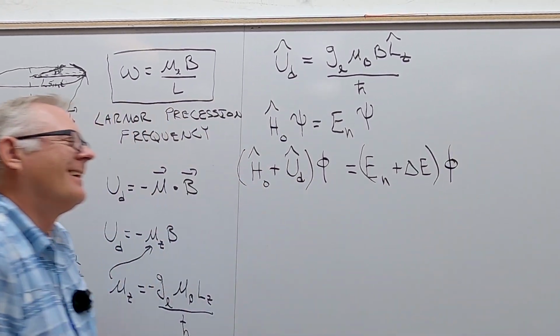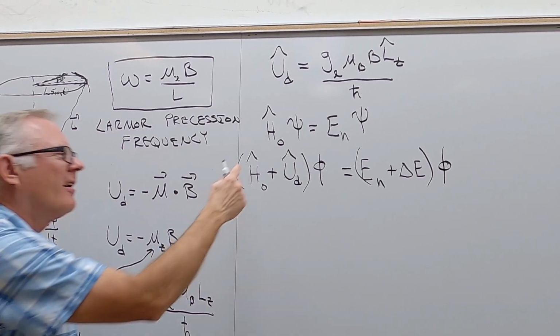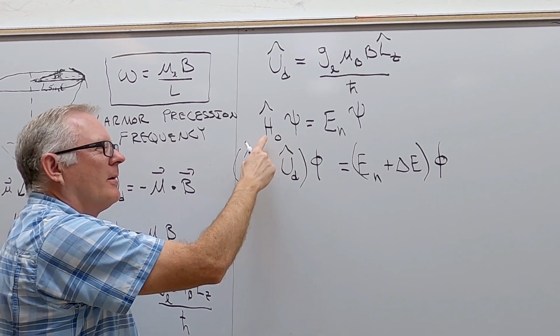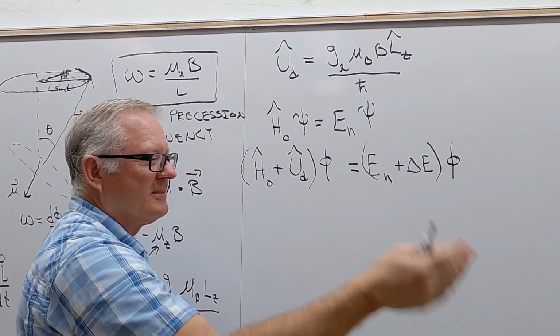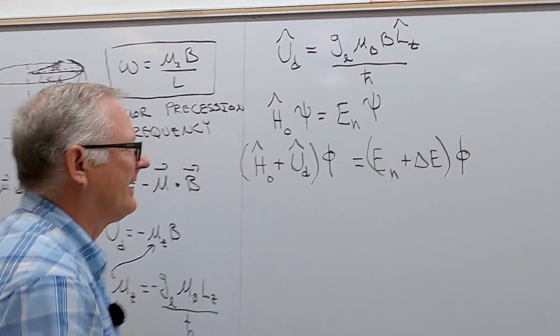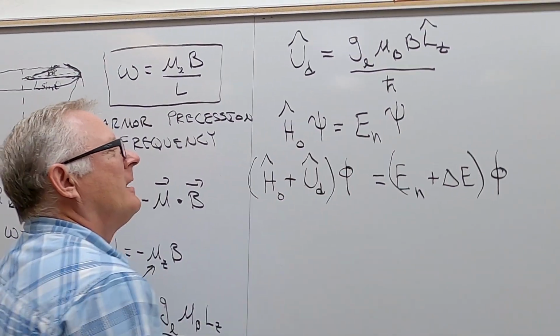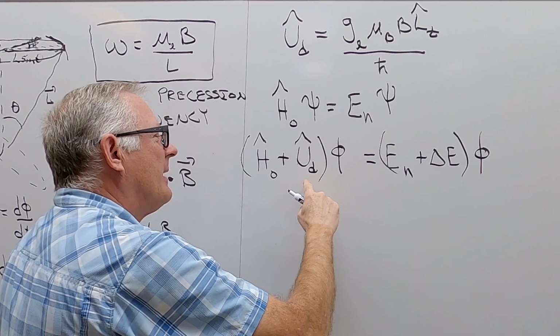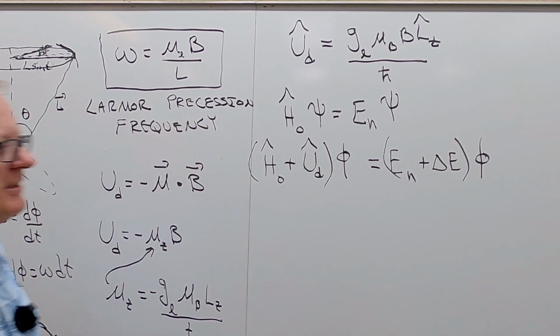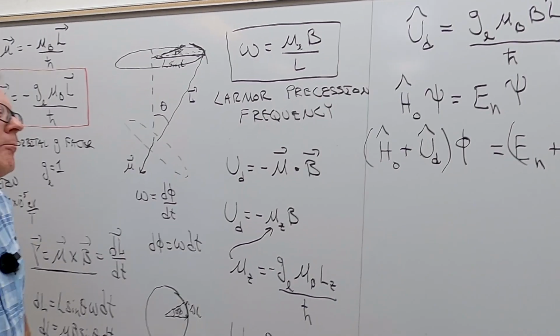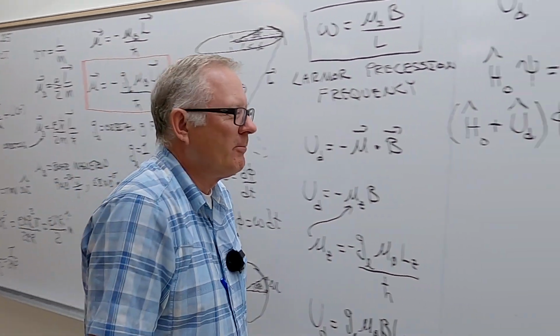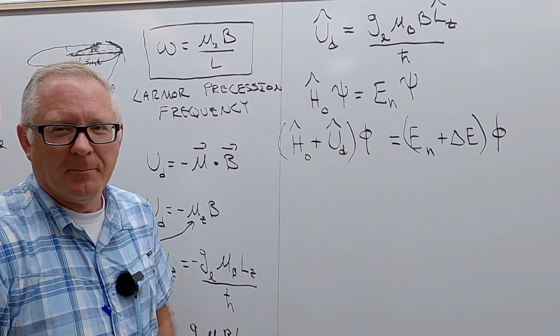Now, this one was hard enough to get. Remember, this took the last 10 lectures at least to get. I'm even making it more complicated, and I certainly don't want to do that. But there's something that will simplify this. There's something called perturbation theory.